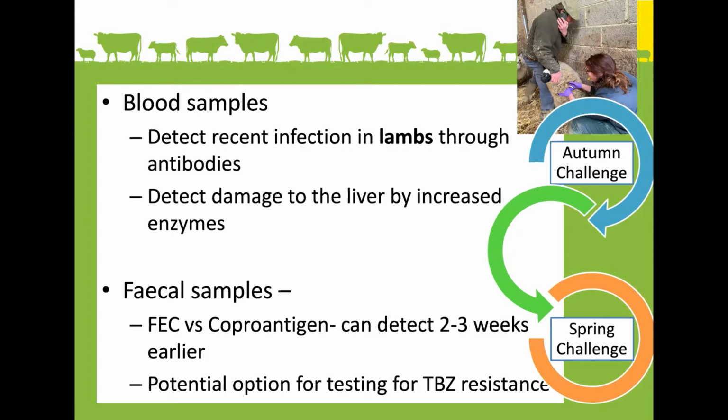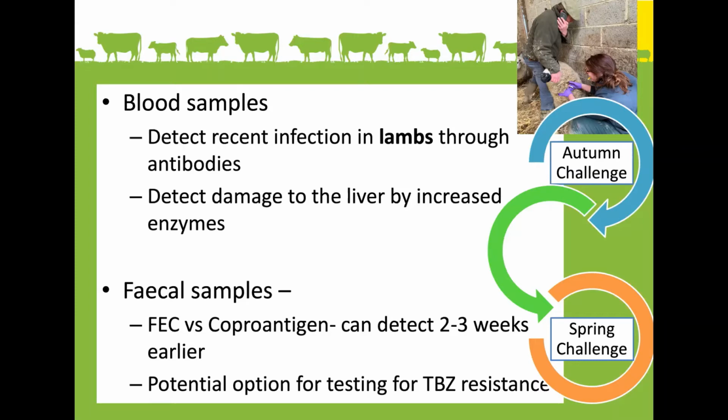Now, blood sampling lambs is a great way of detecting evidence of liver fluke infection. So when a lamb is born, it obviously ingests colostrum, and by the time it's sort of 16 weeks old, any antibodies that have been passed from the mother to the lamb in colostrum have disappeared.